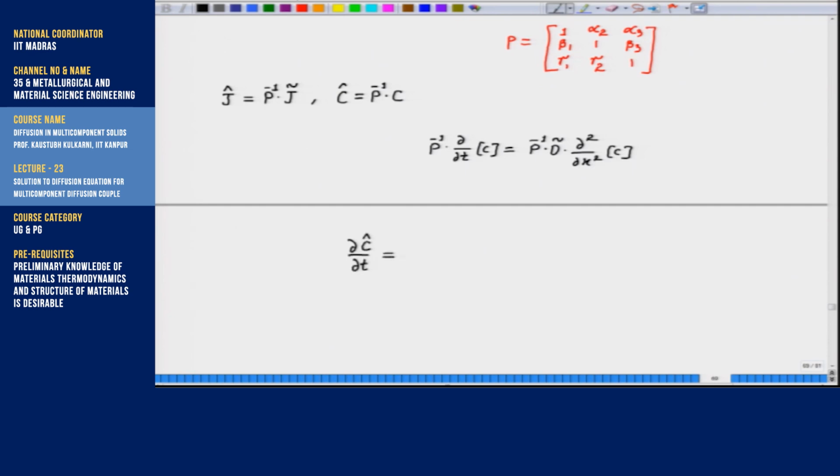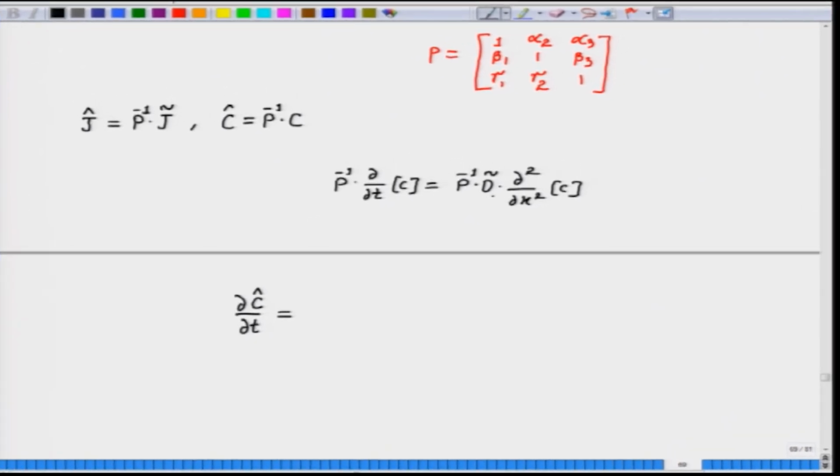is equal to, on the right hand side we do a little trick here. We insert a matrix which is defined by the product of P and P inverse. What is P times P inverse? It is an identity matrix. So, if we insert P times P inverse between D tilde and dou 2 by dou x 2 term, the first term will be P inverse D tilde times P, which we know is delta, and the term P times P inverse was here.